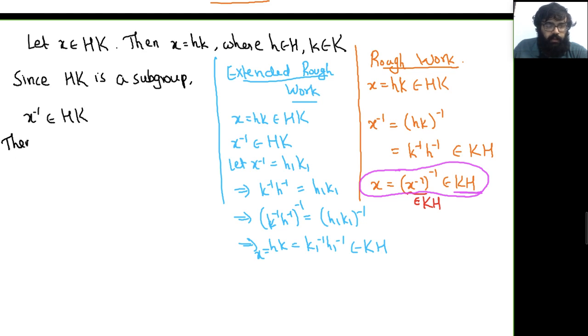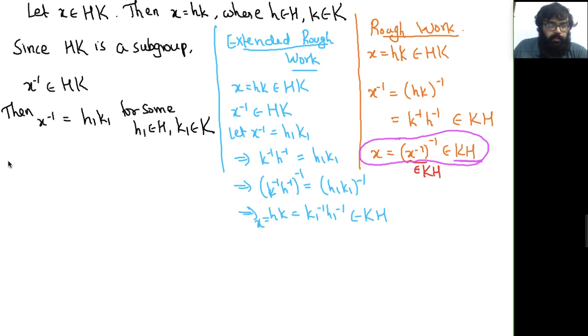Then x inverse equals h1 k1 for some h1 in H and k1 in K, right? But what is x inverse? x equals hk, so that means the inverse of hk equals h1 k1.